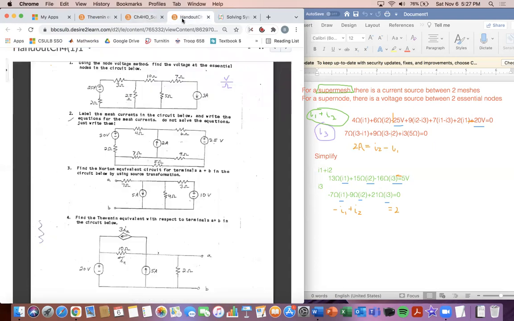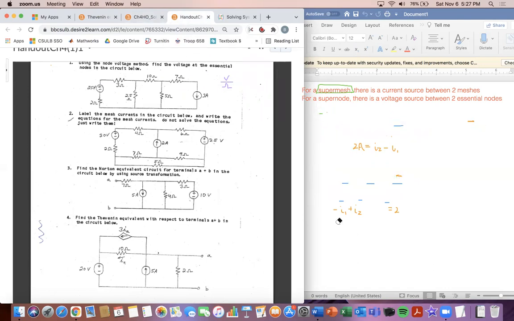And so now that we went over that on the mesh currents, the big takeaway from this was just remember when you form a super mesh, there has to be a current source between the 2 nodes. And when you form a super node, there's a voltage source between the 2 nodes. So up here, we would form a super node if there's a voltage source between the 2.